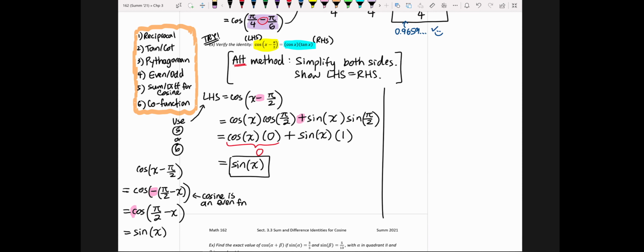So cosine of x minus pi over 2 is equivalent to cosine of pi over 2 minus x. And then using the cofunction identity, number 6, cosine of pi over 2 minus x is equal to sine of x, because sine of input is equivalent to cosine of pi over 2 minus input.